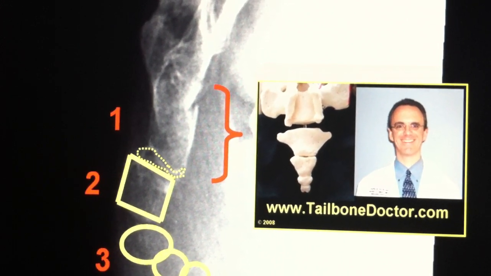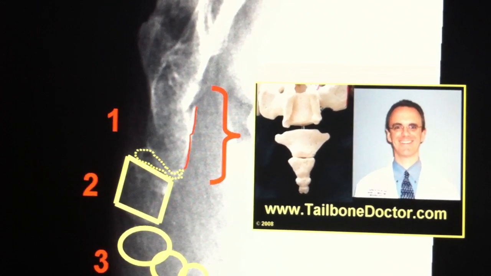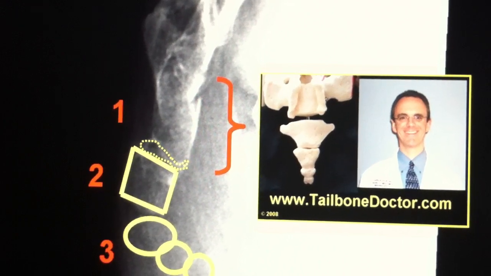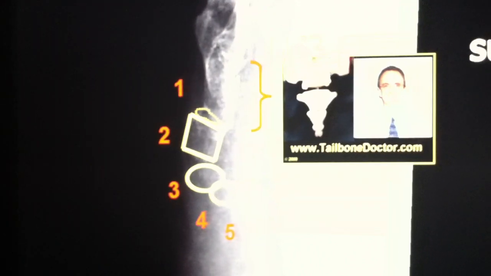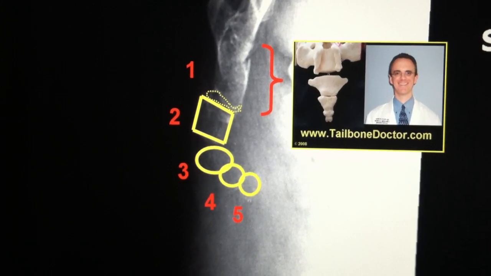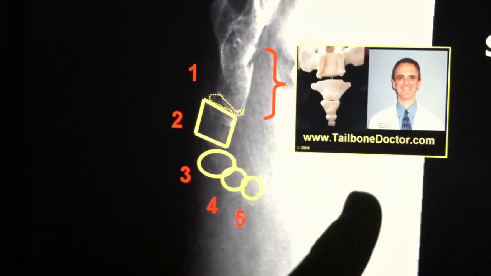And then as I come up on the right side of the image here, I've drawn this little red line. That's actually the front of the coccyx. By the way, just in terms of referencing here, the left side of the screen would be behind the patient, and the right side of the screen would be inside the patient's pelvis.